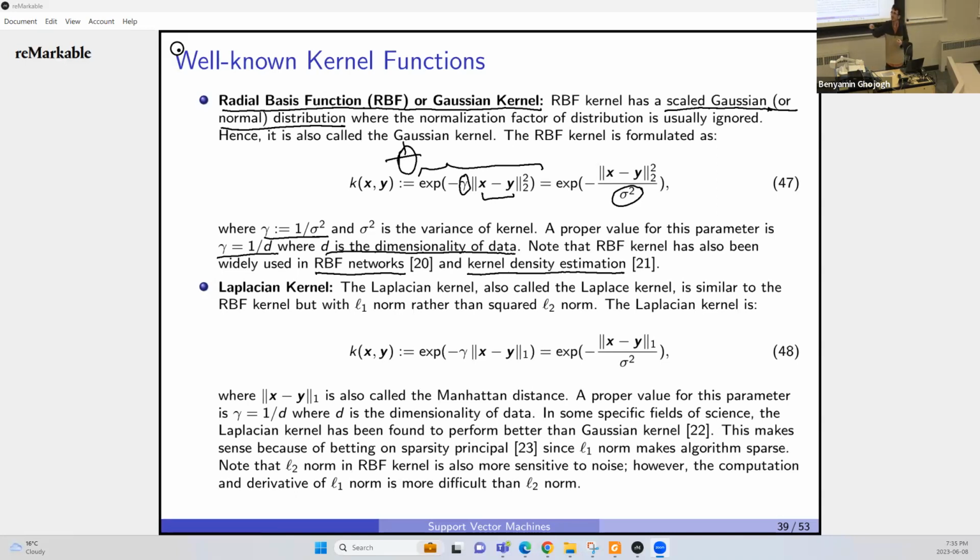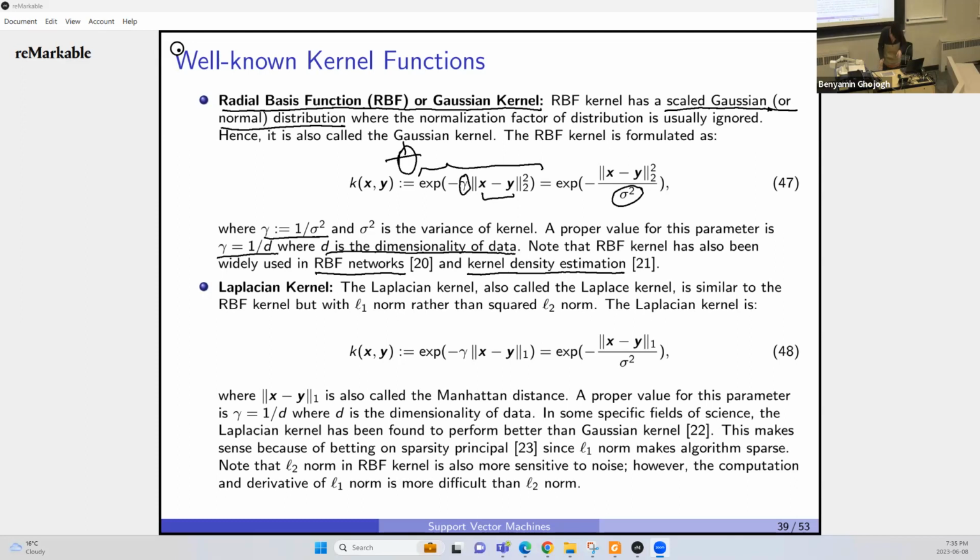It kind of estimates the probability density function of the data. That's called kernel density estimation. So there are several ways to fit a distribution to data. One of them is kernel density estimation. The other one is fitting a mixture distribution to data. We are going to cover fitting a mixture distribution to data in this course.